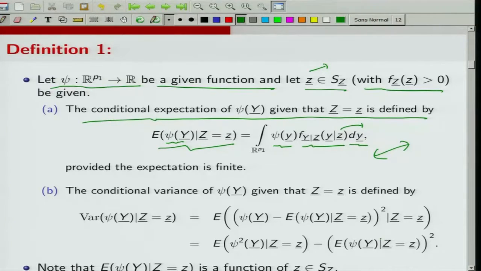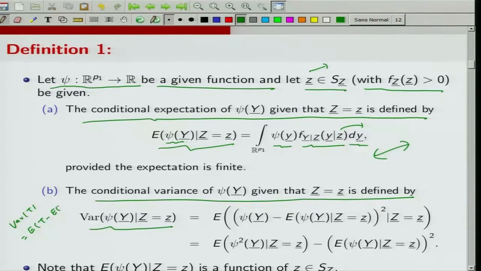Now, similarly I can talk about conditional variance. The conditional variance of psi(Y) given Z equals z is defined by the variance of the conditional distribution of psi(Y) given Z equals z. By definition, the variance of t is the expected value of (t minus the expected value of t) whole squared. But here I have to do all this with respect to the conditional distribution.